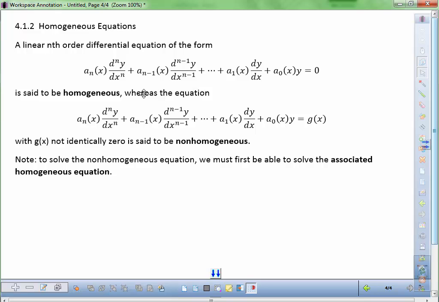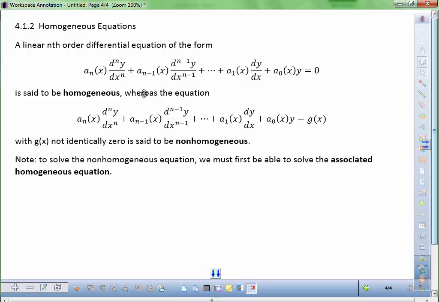All right. So a linear nth order differential equation is homogeneous if the g of x is equal to 0. You know that function that's not being multiplied by any of the y's or y primes or anything like that?